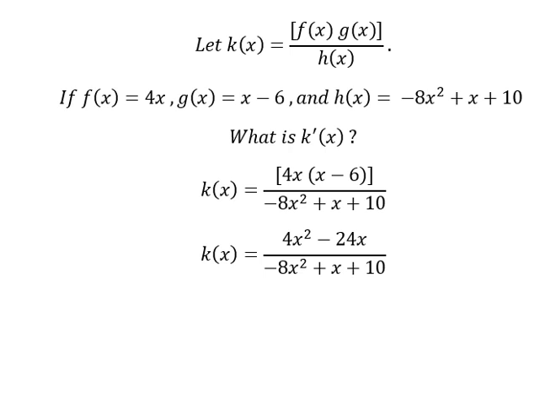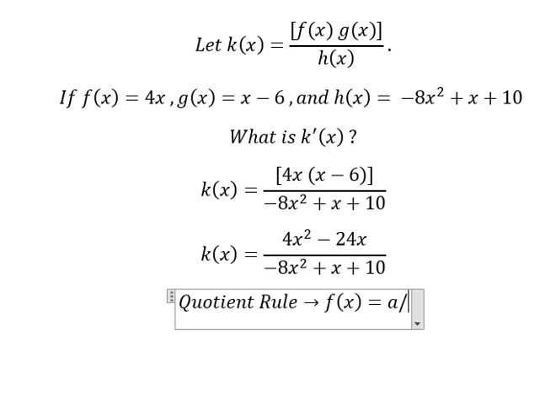Now if we want to find first the derivative of k of x, we can apply the quotient rule. That should be like this. For example, we have f of x equals 8 over b.